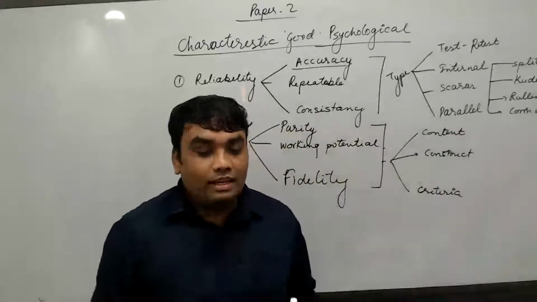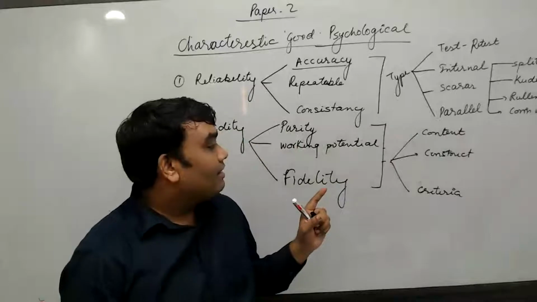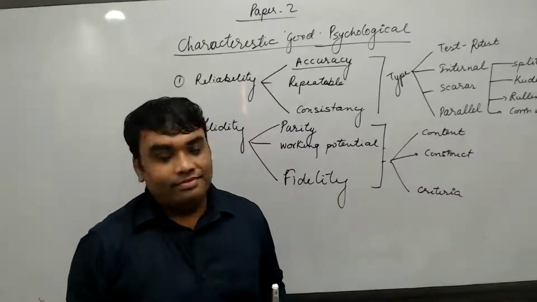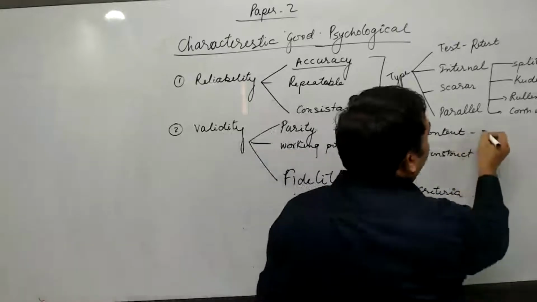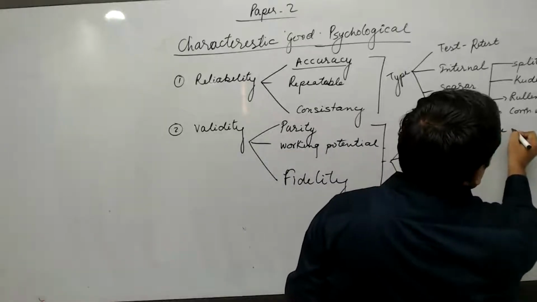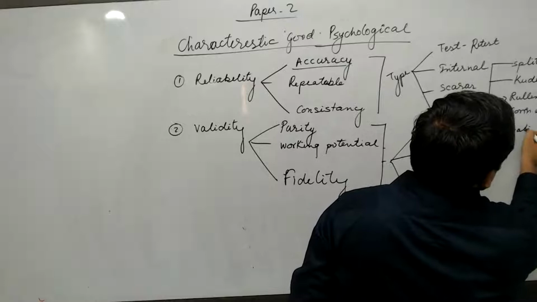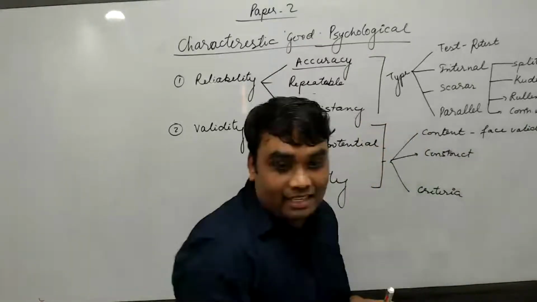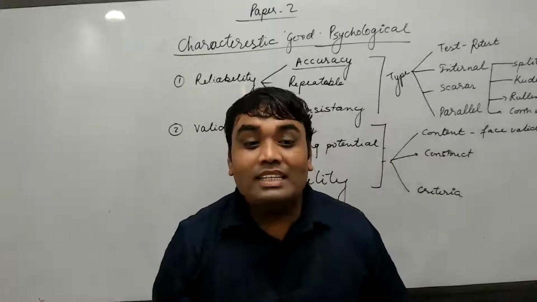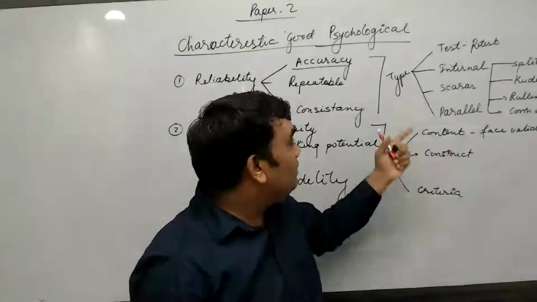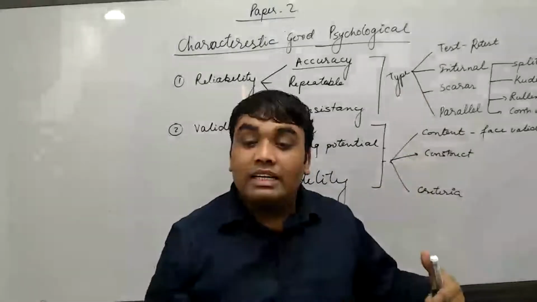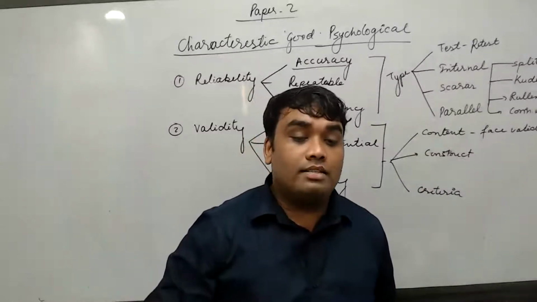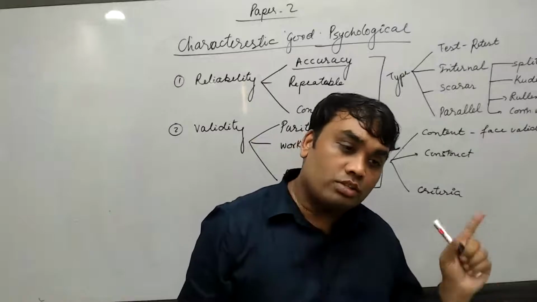Like here is face validity. We will deal with it in detail. I am just introducing what that is. There are different types of reliability and different types of validity. All of that is important. Even if UPSC has asked separately, the questions will come.